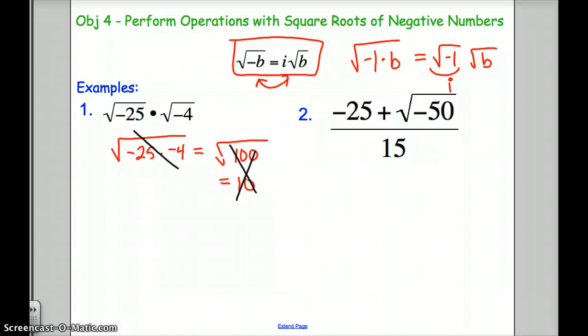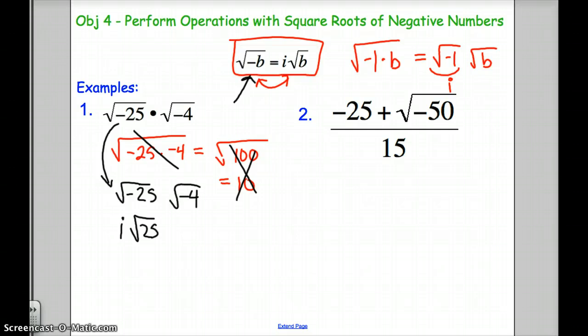The proper way to do this is to think of the square root of negative 25 in the way of this property here. So we're going to separate this into i square root of 25. And we're going to do the same thing with the square root of negative 4. It's really just i square root of 4.